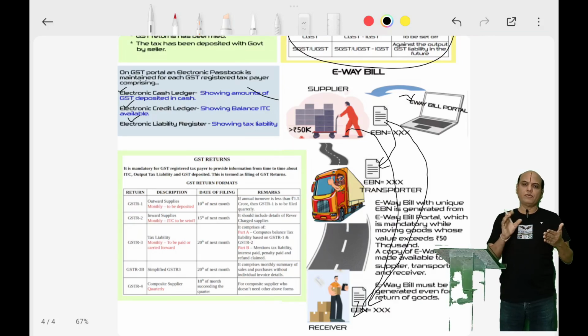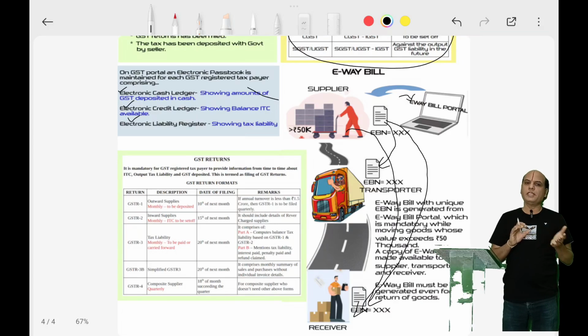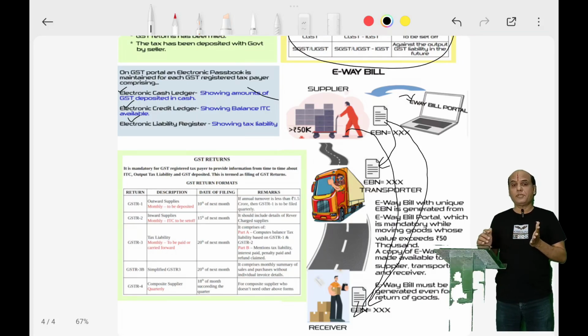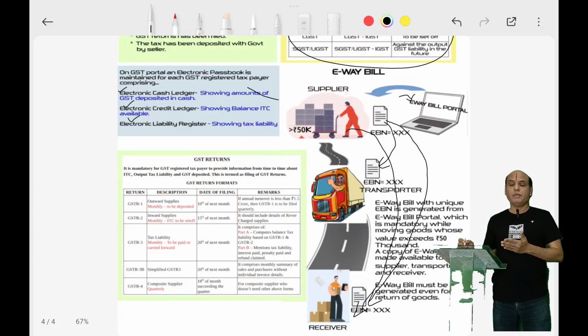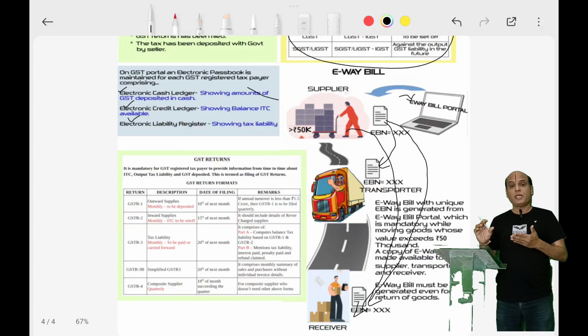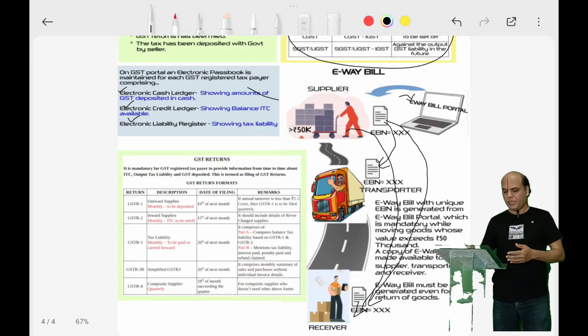Suppose the goods are not up to the mark, and for some reason the receiver is returning the goods back to the supplier. If the worth of such returned goods is above 50,000, then the receiver also needs to generate an e-way bill with a unique number, and that copy has to be shared with the transporter and supplier again.